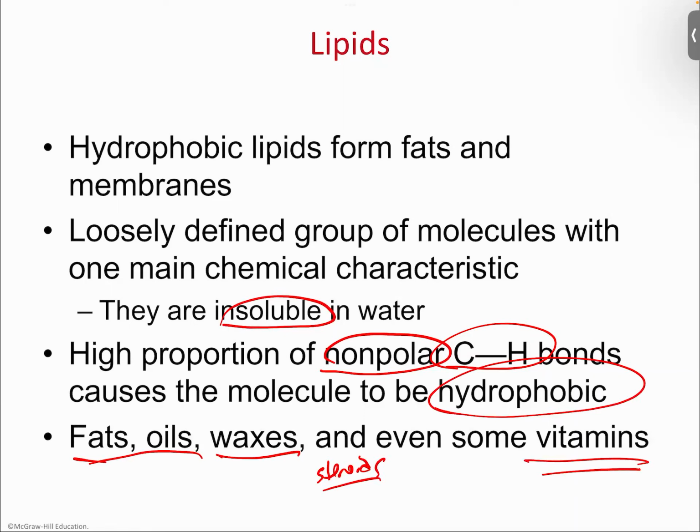Even some vitamins are lipids, right? Some vitamins are lipid soluble, so know that some of the vitamins are lipid soluble. That's also the reason why when you take a vitamin, they always say you need to eat it with food. Don't just take a vitamin straight on an empty stomach.